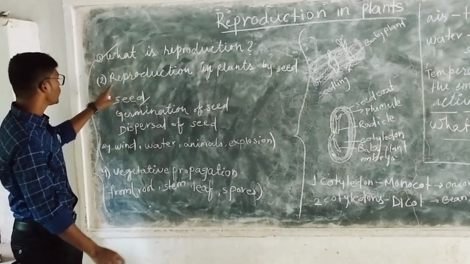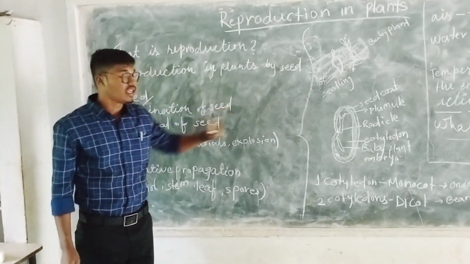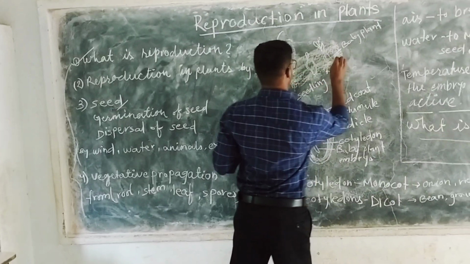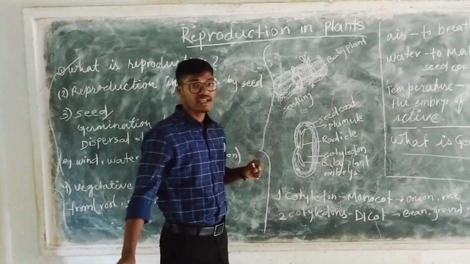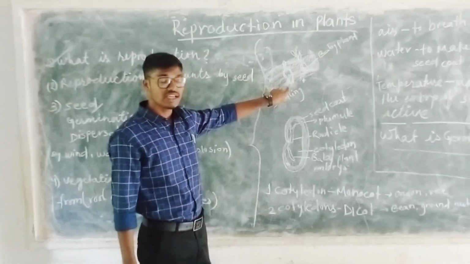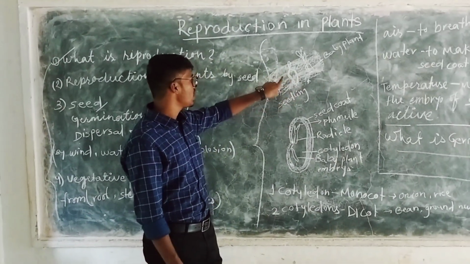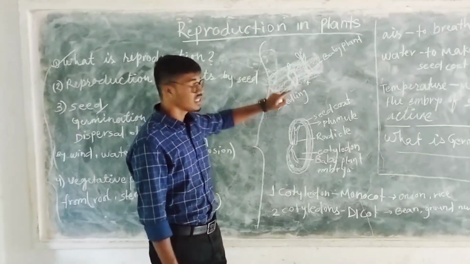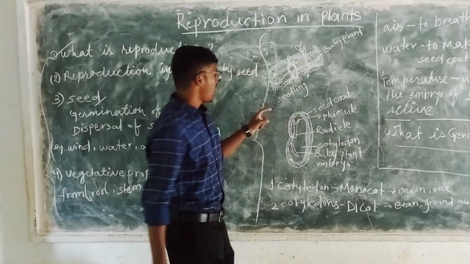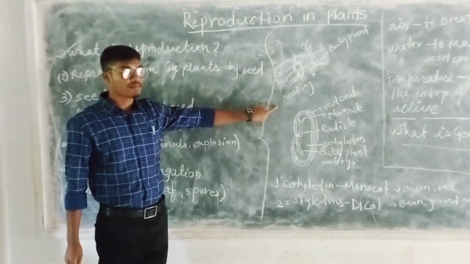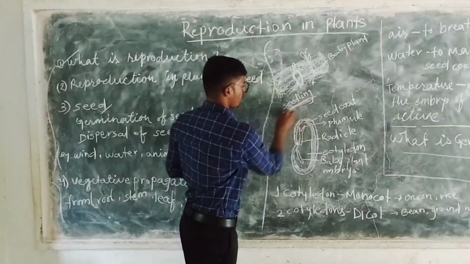Now let us discuss reproduction in plants by seed. Suppose here is a seed. If we sow a seed and it is able to get the right amount of air, water from soil, air from the earth and sunlight from the sun, it will grow very well and the process of germination will work here, and in this process we call it seedling.